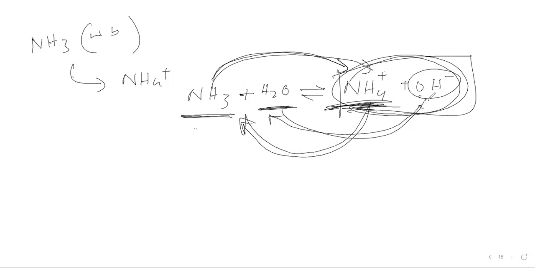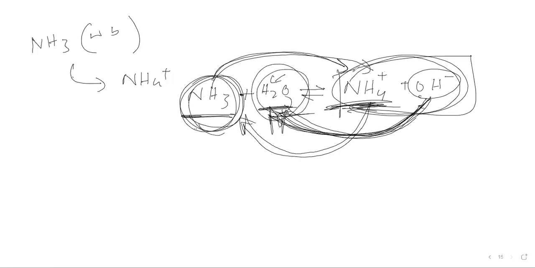On the other hand, this OH minus has such a tendency to gain a proton that it acts as a strong conjugate base. Sorry, I'm really sorry, I'm messing it up. This will remain a base, and this water will remain an acid. Yeah, actually, this was correct. So this is a base, this is an acid. Over here, this is an acid, but this is a base. I messed it up.